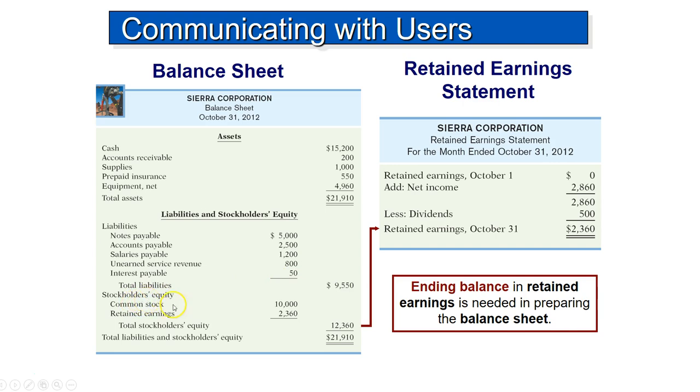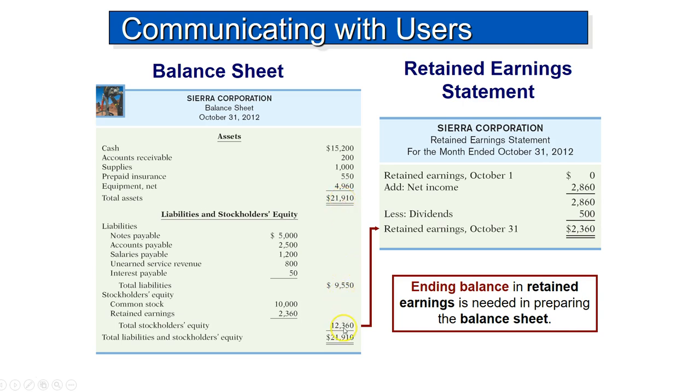And the shareholders' equity. Now, the shareholders' equity comprises two things. The shares that they purchase, which is called common stock. That's money that came into the company. Plus the money that's kept, the retained earnings, 360. So the assets that the company owns are 21,910. Creditors can claim 9,550 of those assets.